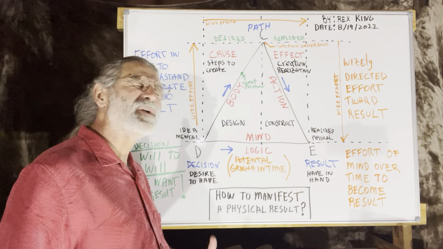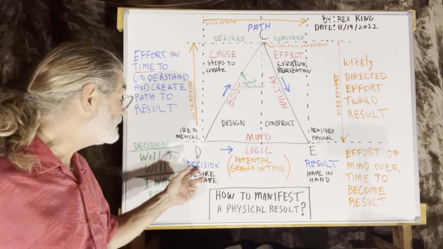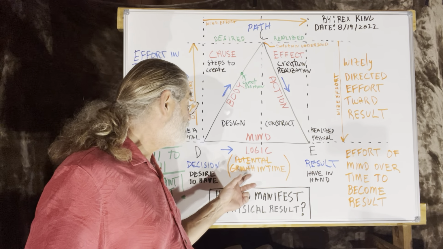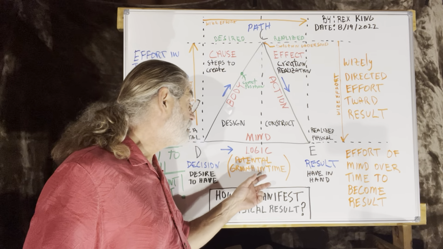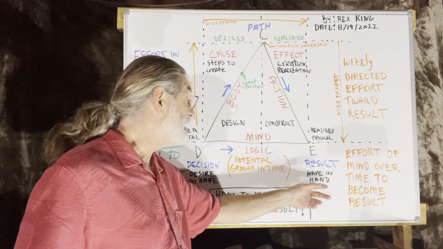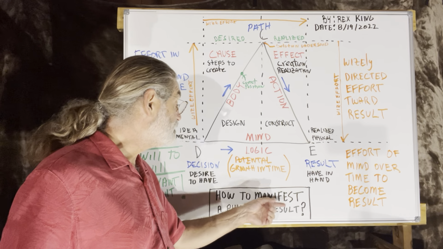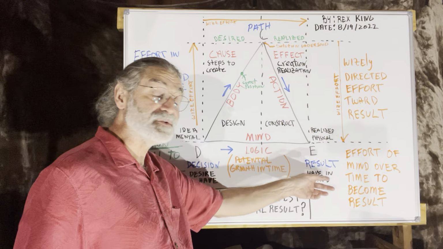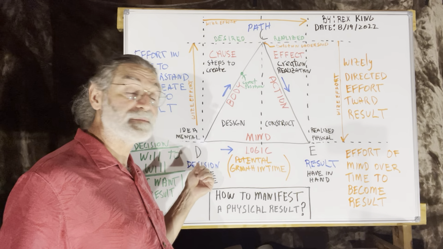I want to go to school to become an engineer. That's the decision I've made. That's my desire. The potential growth in time will determine whether I ever have that result. So in order to manifest, we have to be able to show potential growth in time toward the solution of what we're trying to manifest.